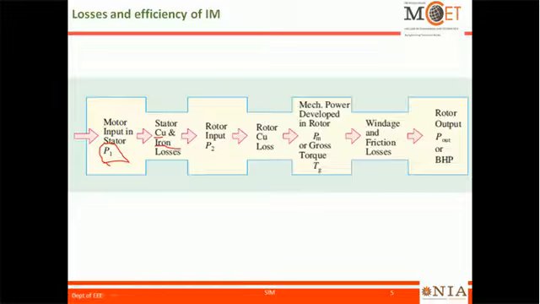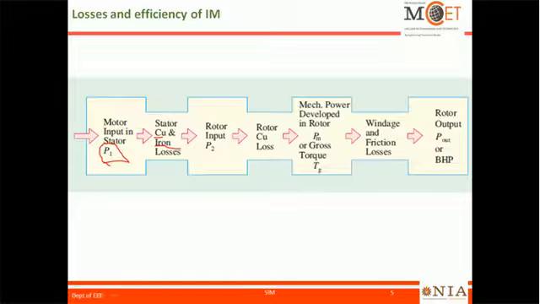And this copper loss is because of the resistance offered by the stator conductor. So from the given input power, some part of the power is lost in the stator side, and the remaining power is given as input to the rotor, which we denote as P2.